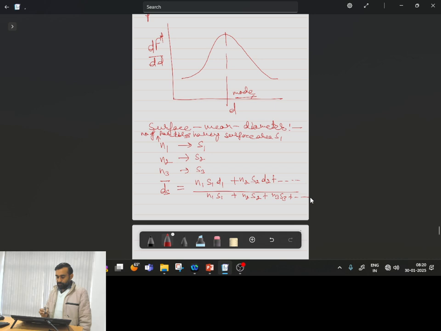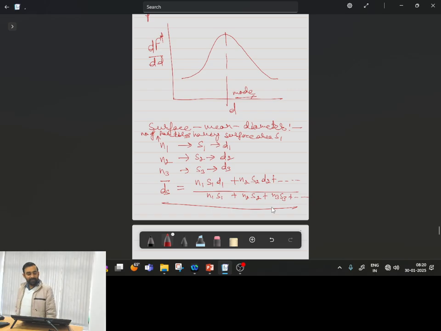The particles having S1 surface area have corresponding size D1. The particles having surface area S2 have corresponding size D2, and particles having surface area S3 have corresponding size D3. If I do this type of averaging, this is called the surface mean diameter.